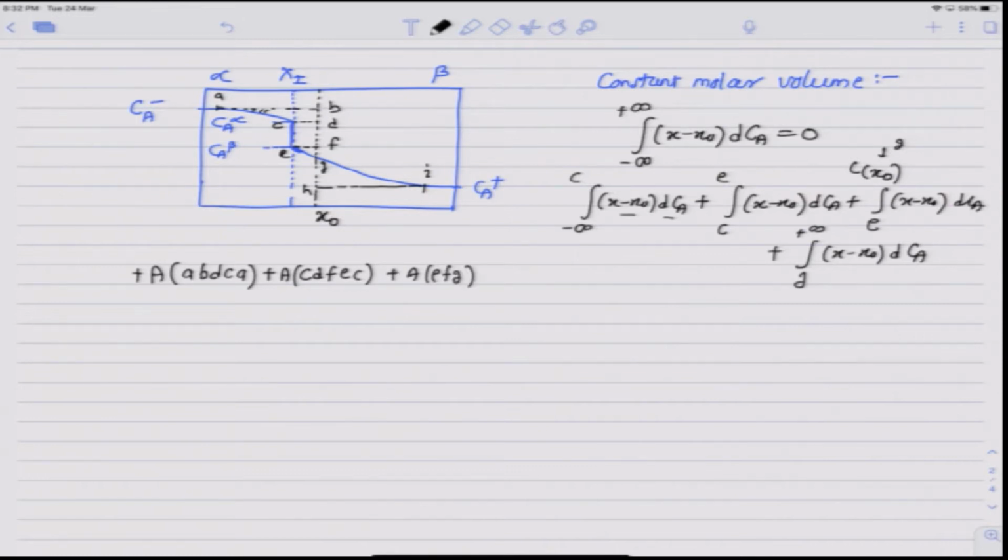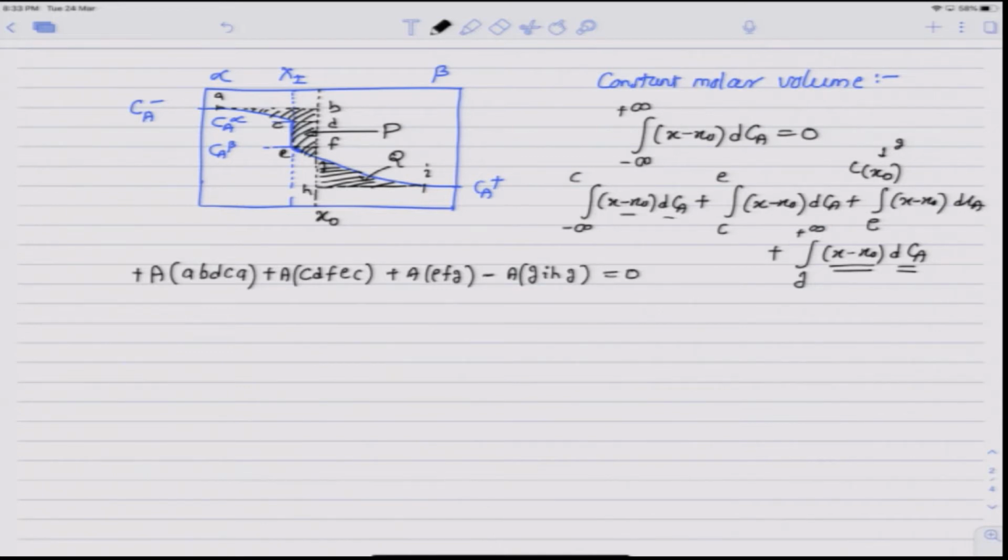Then the integral G to plus infinity would be this area G, I, H, G, and there will be a negative sign because now x minus x naught is positive, but dCA is still negative. The sum should be equal to 0. So, this basically tells me that this total area, let us call this P, should be equal to this area Q on the other side of the Matano plane.